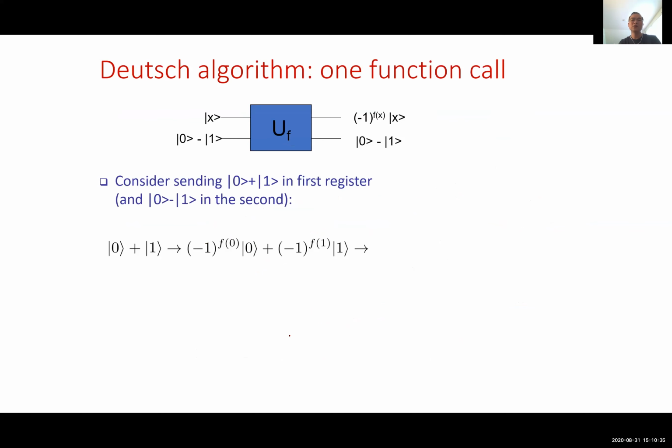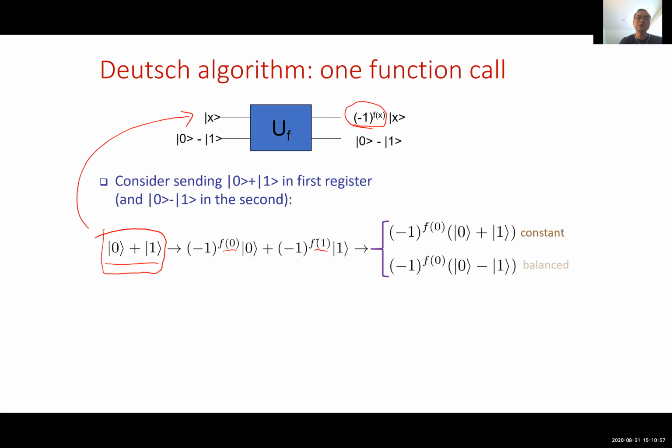And we use that in the Deutsch algorithm. So we just need to analyze. If we send in X as a plus state, according to the phase kickback, it's -1 to the f of 0, and then the second term is f of 1.